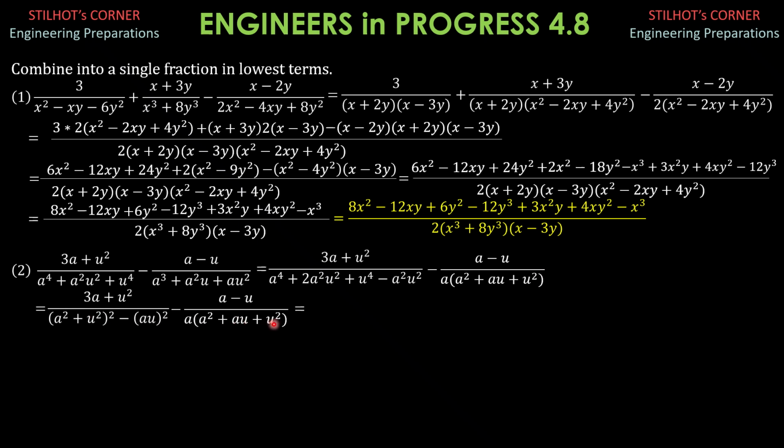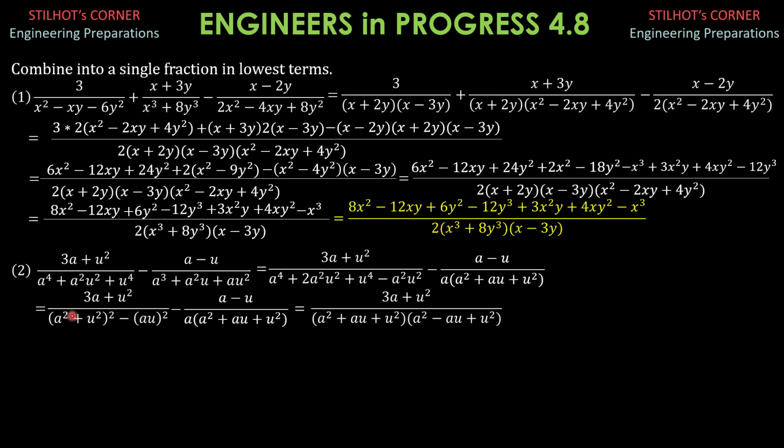So this is written further into quantity 3a plus u squared all over a squared plus au plus u squared, then a squared minus au plus u squared. So supposedly a squared plus u squared plus au, I just put the au as the middle term of this factor. And the other factor is a squared plus u squared minus au. So it's the same.